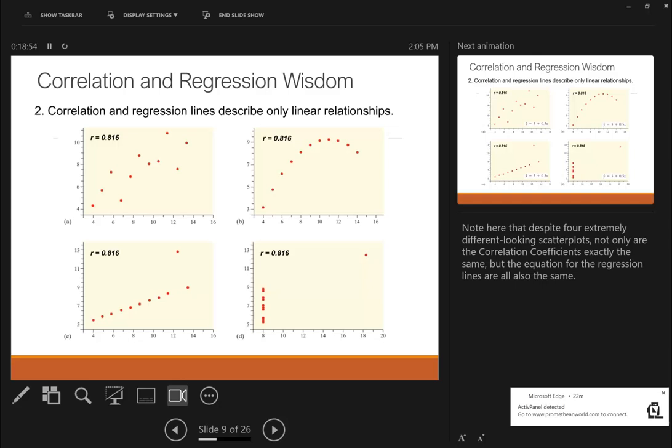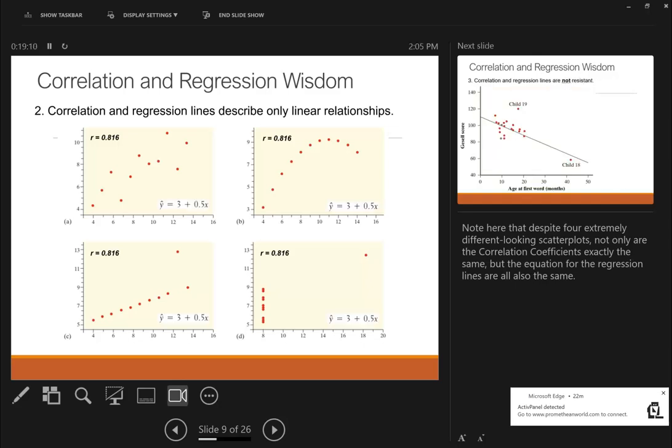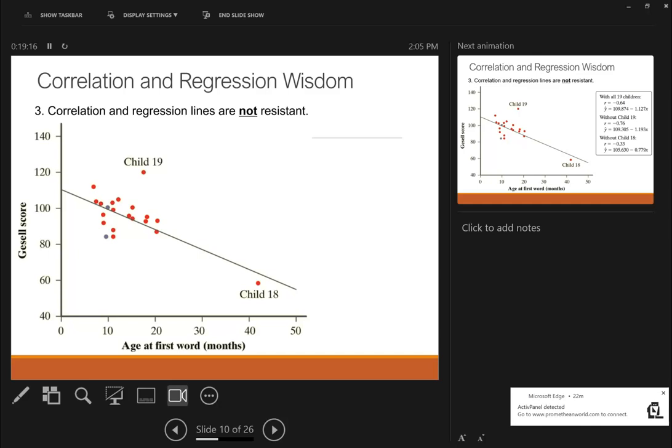Here, there's no outlier to speak of. Here, there isn't one either. It's just not a straight line or linear relationship, right? It's kind of linear until you get to the leveling off part. So the exact same R values, they'd have the same lines of best fit, but clearly very different data sets.